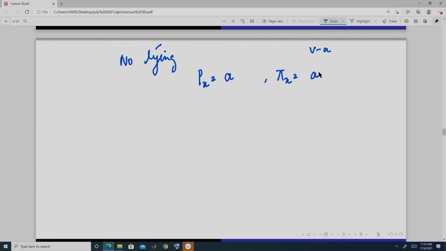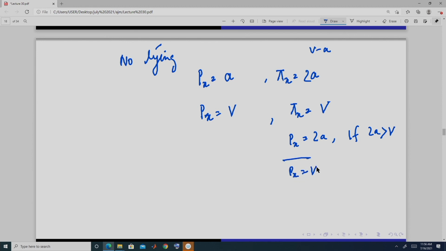So, it will get 1, and consumer 2 is also going to buy good X. So, its profit is this. Consumer 3 is not going to buy this, and it can set this equal to V also. Now, then profit is this. So, the price here is going to be 2A if 2A is greater than V, or it is going to be this if V is greater than 2A. So, it is the same as the outcome we got earlier.